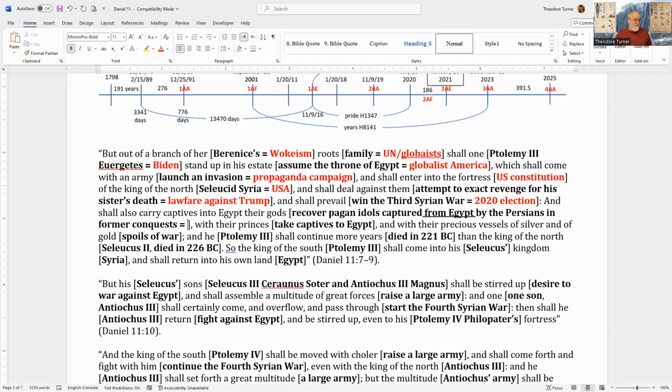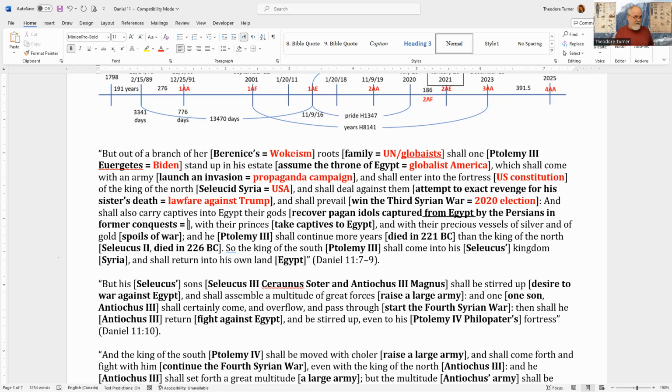Now, so this is Egypt. Remember, Egypt is the globalists. Now, would this be the pagan religion that's so predominant today? Is this dealing with transgenderism? Is this dealing with the pandemic?